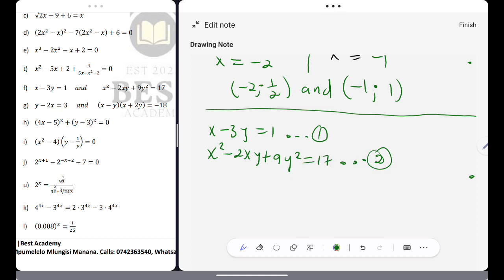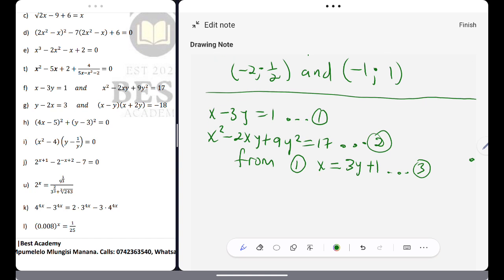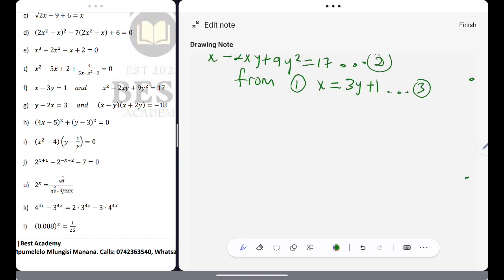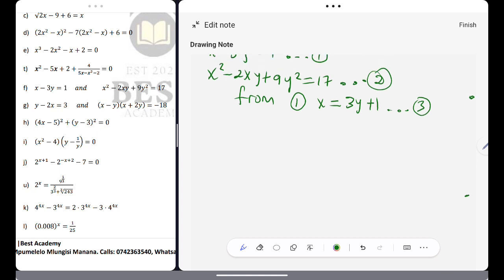Let's do it. We must create equation 3. From equation 1, we can say that x is equal to 3y plus 1. This will be my equation 3. So this simply means that whenever I see x, I must put 3y plus 1.